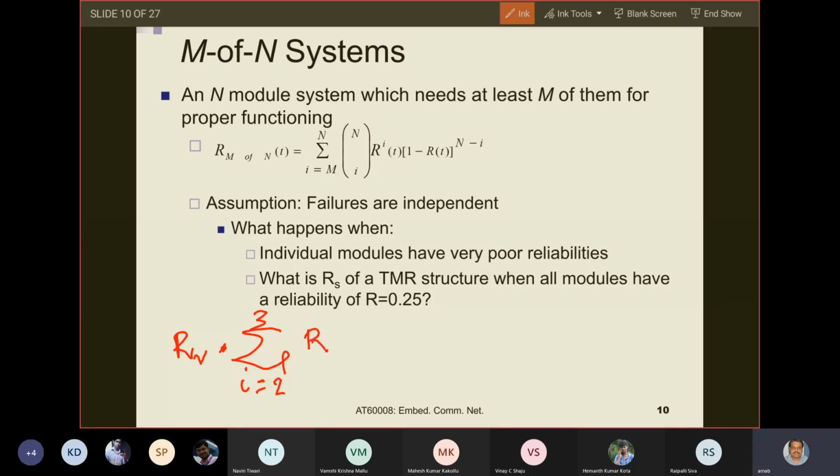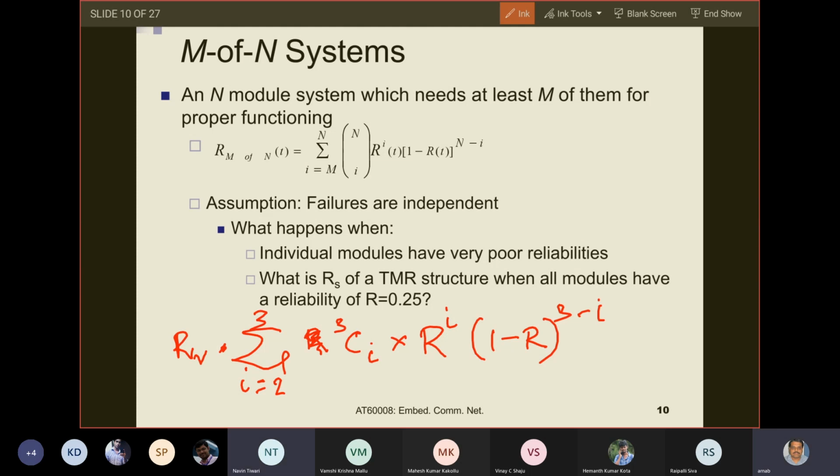Let everybody have a reliability of R, then you have 3Ci into R to the power i into (1 minus R) to the power (3 minus i), right?